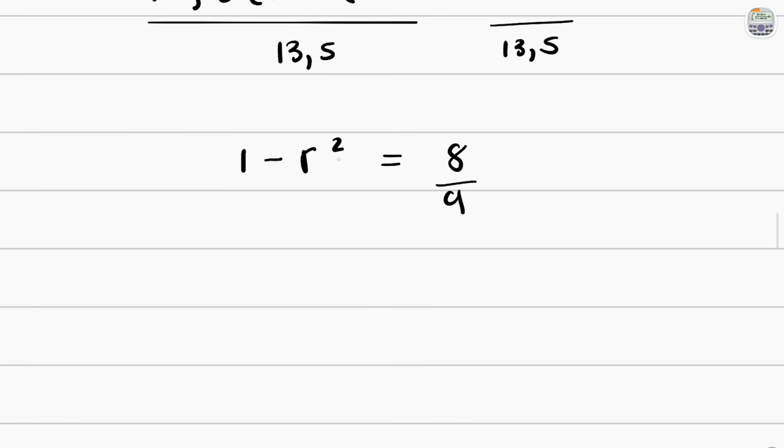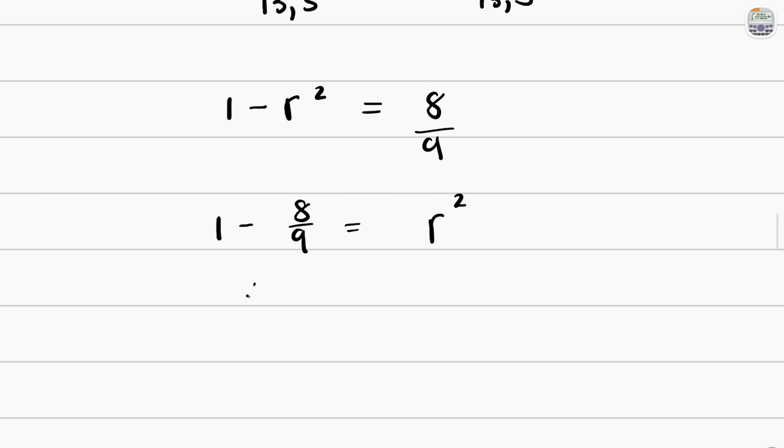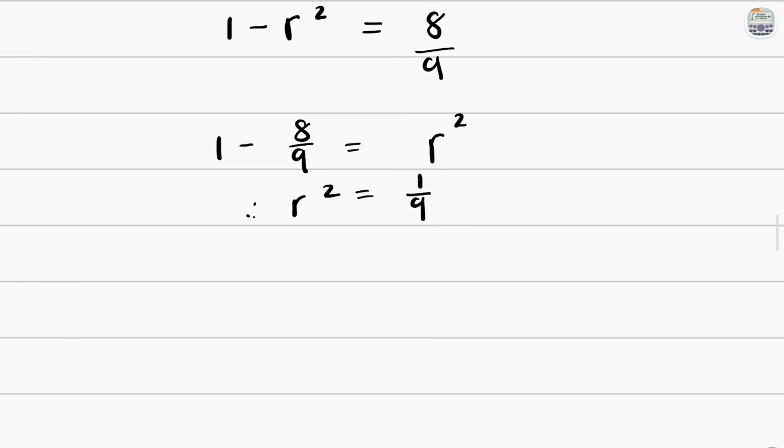Okay, so we know it's 8 over 9, and then we can transpose that to make it positive. So if it's over, it's positive, and that's just 1 minus 8 over 9. So therefore, we're saying r squared is equal to 1 minus 8 over 9, that's 9 over 9 minus 8 over 9, which is 1 over 9. And then finally, we can solve for r.